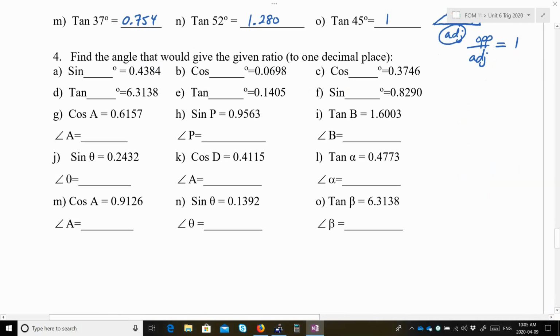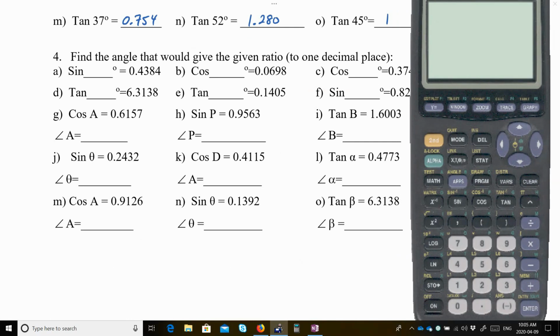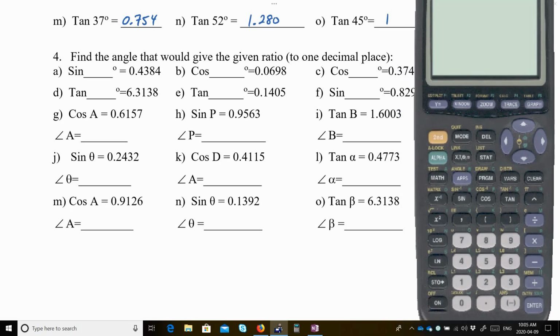Okay, and finally, number 4. This is where we're going to have to use shift sine, shift cos, and shift tan, it looks like. Find the angle that would give the given ratio to 1 decimal place.